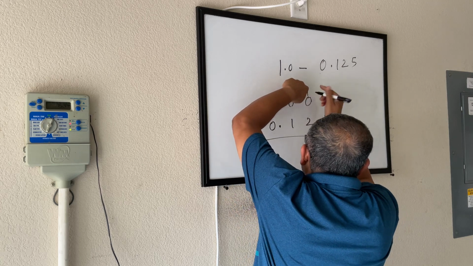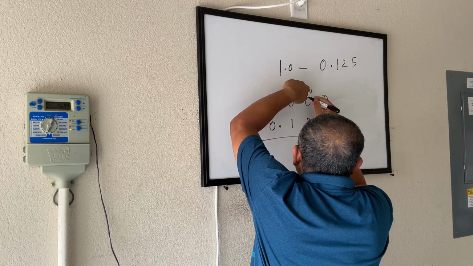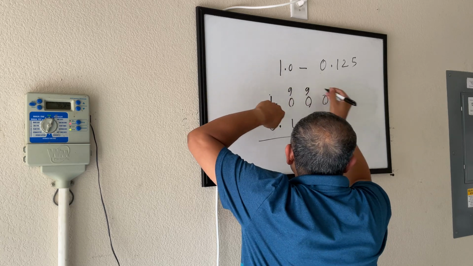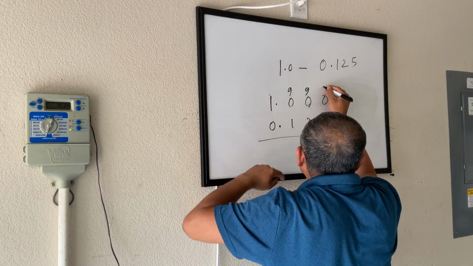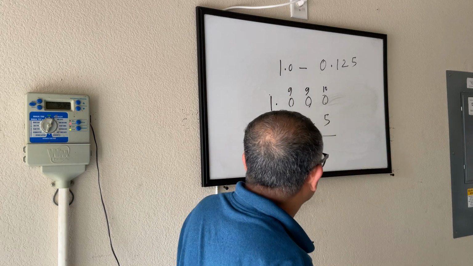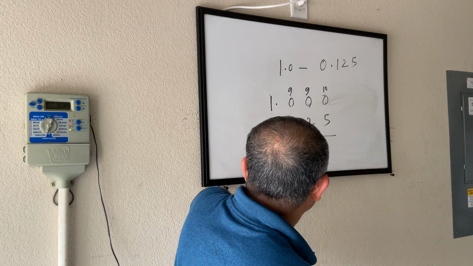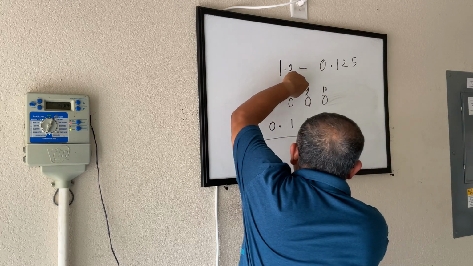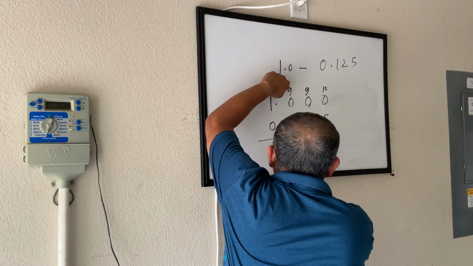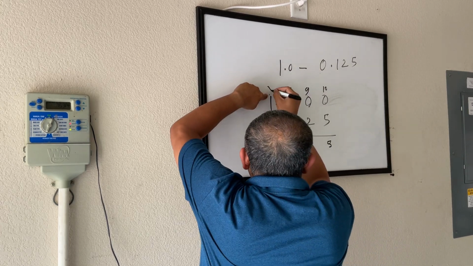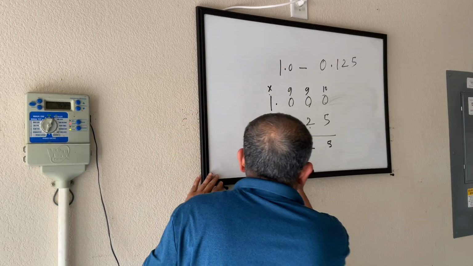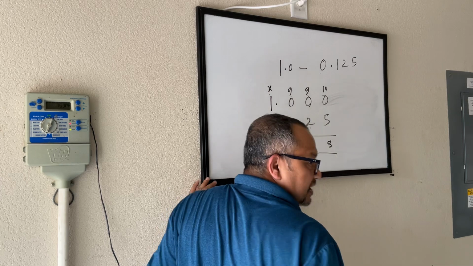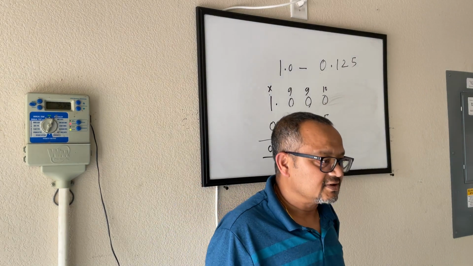Now this guy has 10, so this guy says, okay, give me 1. Now this guy has 9 and this guy has 10. So now 10 minus 5 is 5, 9 minus 2 is 7, and 9 minus 1 is 8. This one we already borrowed, so this is 0. And after the decimal, 0 minus 0 is 0. So this is how you got this value.